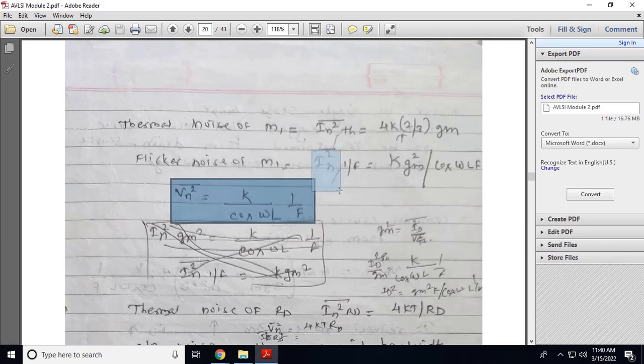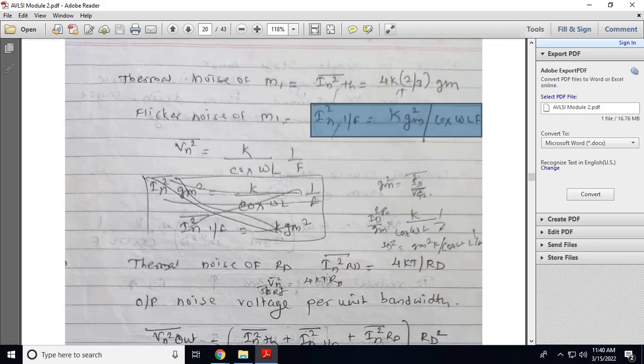So the current of the transistor due to flicker noise is equal to K gm square divided by Cox WL f. The thermal noise of the resistance is represented by a voltage source in series with the resistance, that is 4kTRd. We convert this equation in terms of current, that is 4kT by Rd.